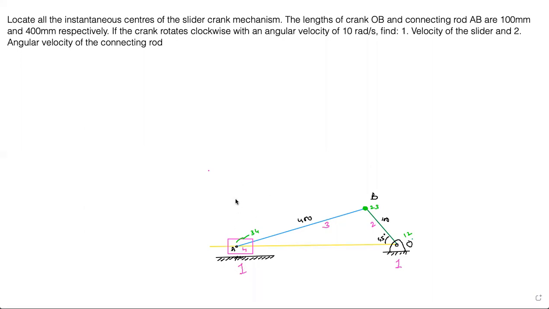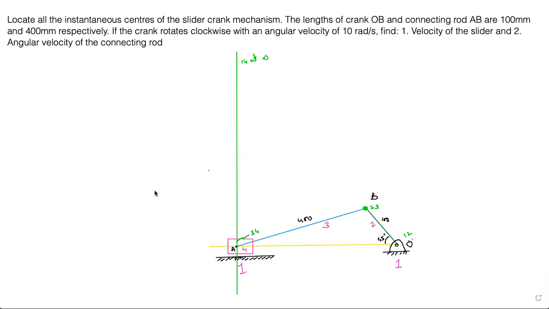Sliding means the instantaneous center will be at infinity somewhere on this line. Instantaneous center I 1, 4 is at infinity. So these are all the things you can tell by looking at it.